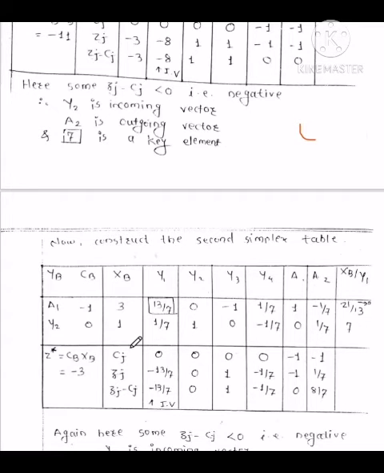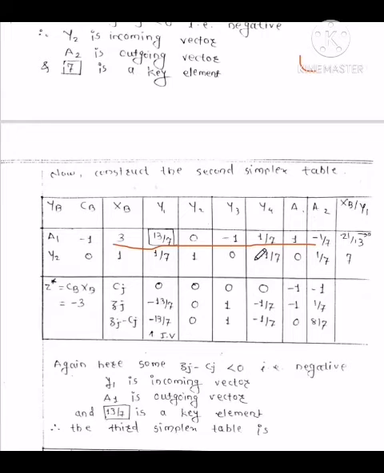Now this element can be obtained by using calculation. We know the calculations. So 3, 13 by 7, 0, minus 1, 1 by 2, minus 1, minus 1 by 7. We know the calculation of these numbers or elements. So in this way we can find out all the elements.